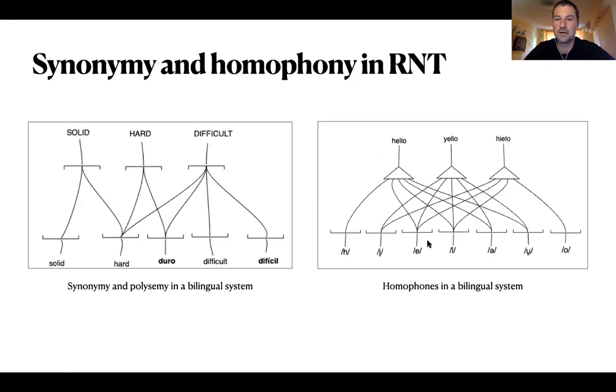And the same goes for the pair yellow and yellow, for example. They share almost all but the last sound. So in the same way in which yellow and hello are homophones, we could say yellow and yellow are also homophones. And again, we don't necessarily need to call them that, but they rely on the same type of mechanisms.